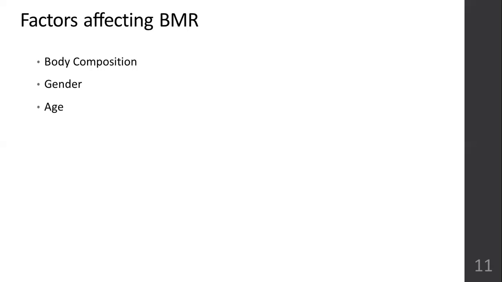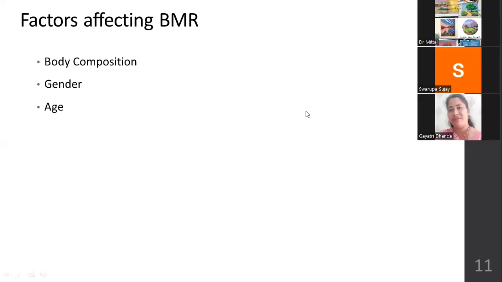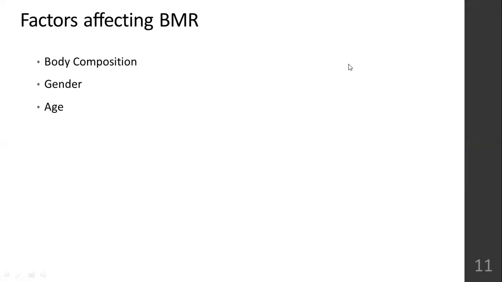Next, it's age. As you age, will your metabolism go down or does it go up? Aging will reduce your metabolism. Young adults and young children have a higher metabolic rate as compared to senior citizens.